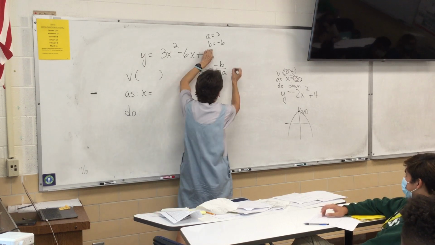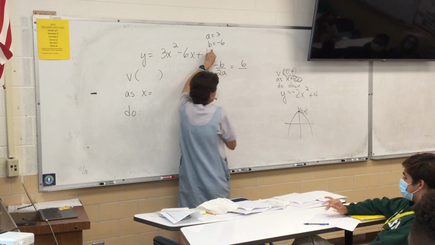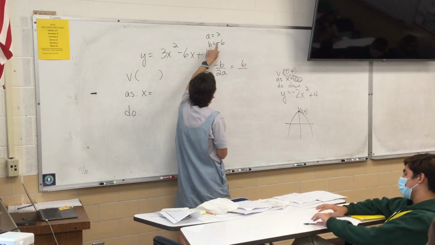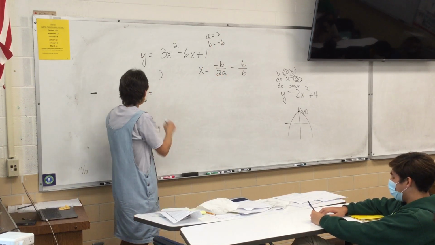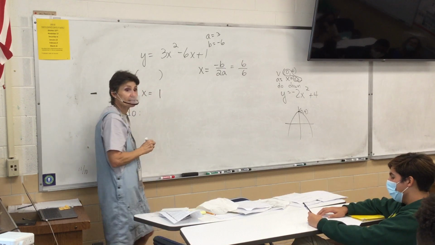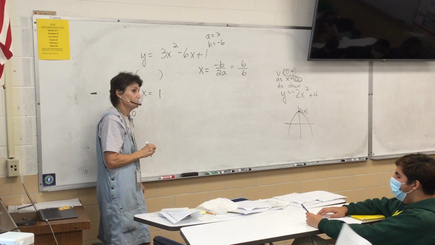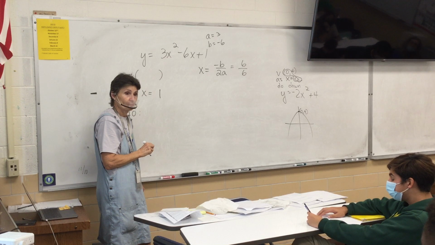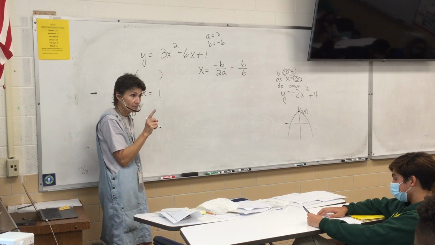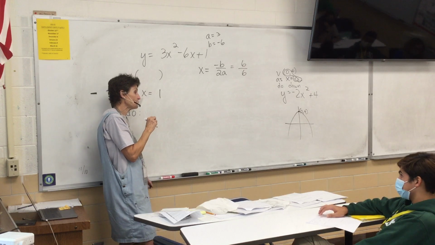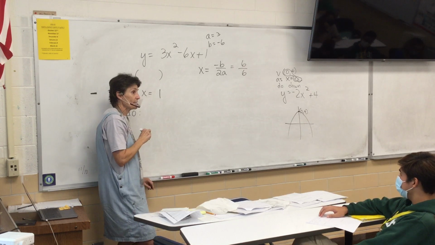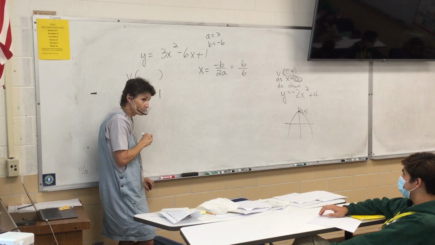So negative B would be positive 6, and 2A would also be 6. So your axis of symmetry is x equals 1. Everybody okay with that? So using our formula, negative b over 2a, we now know that x equals 1.